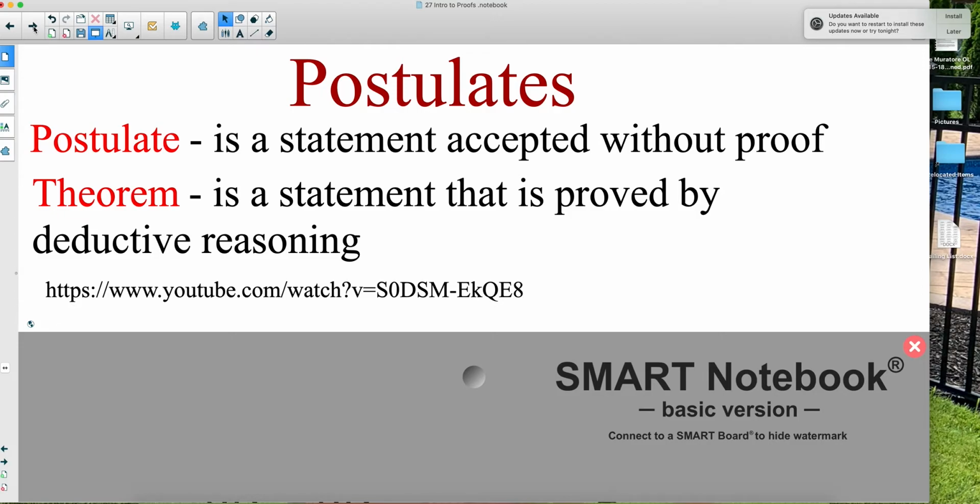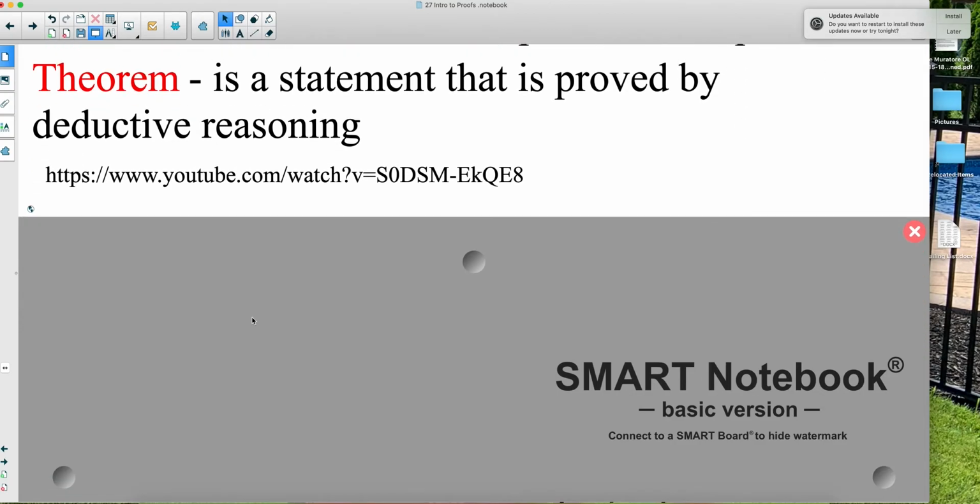But a theorem is like the Pythagorean Theorem. That was proved using deductive reasoning. Someone back in the day said, oh, look, we have a right triangle, and the sum of these two sides squared is equal to the third side squared. I'll put this link up on the Google Classroom. You can click it, and it goes through deductive reasoning as well.